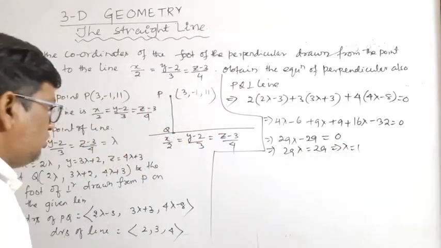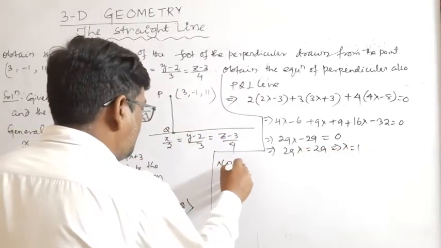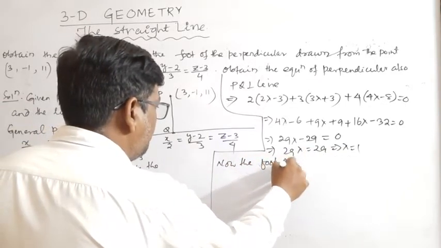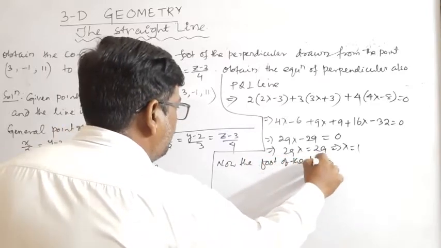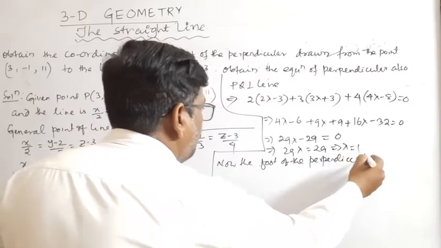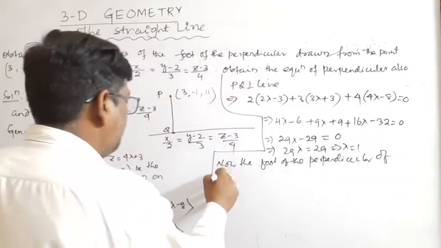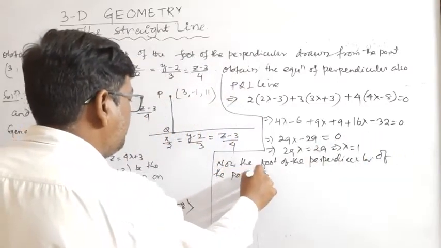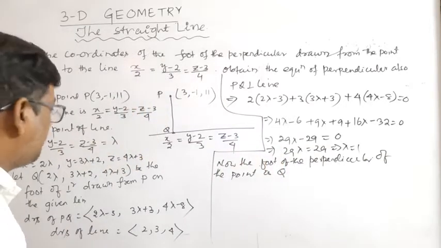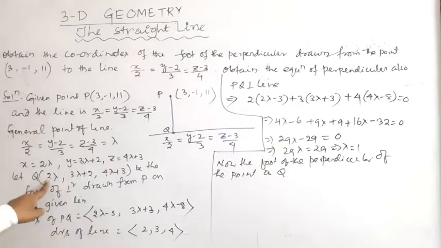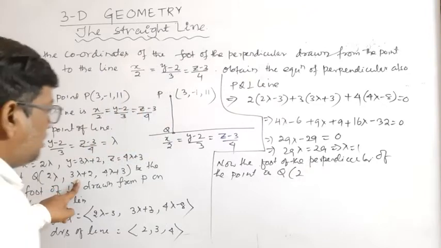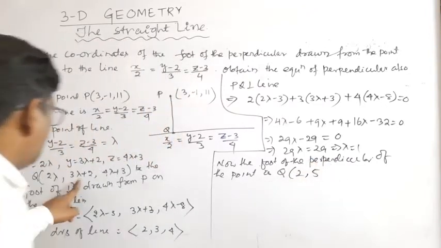Now the point Q, the foot of the perpendicular of the point P, is: 2 lambda, so 2 into 1 is 2; 3 into 1 + 2 is 5; and 7.